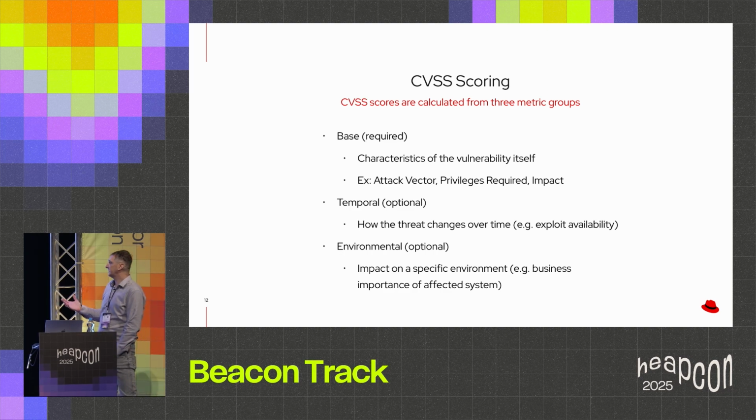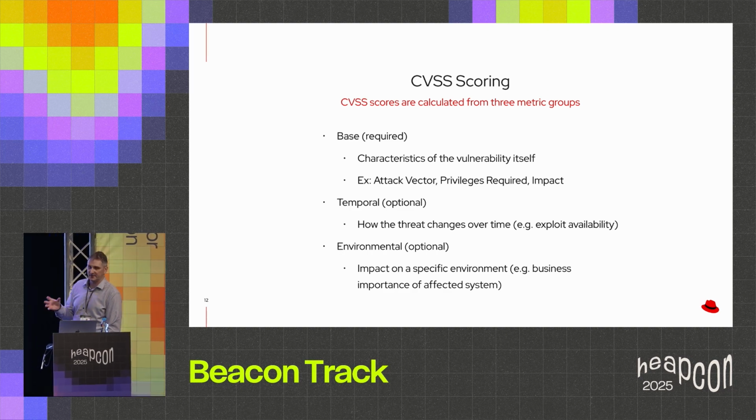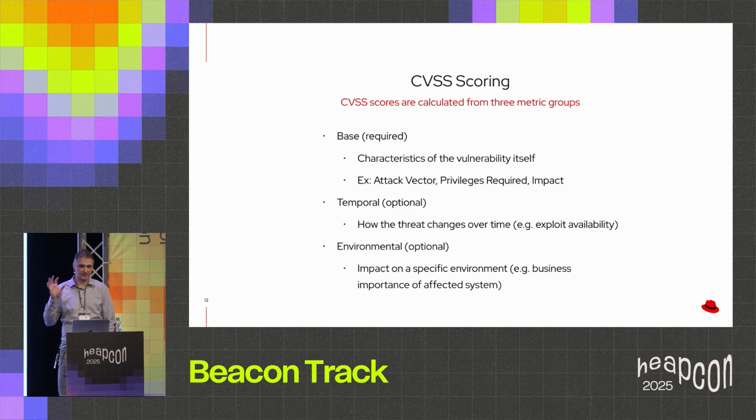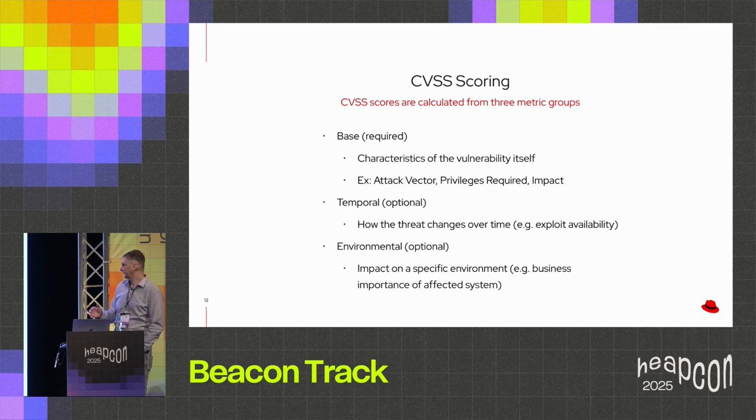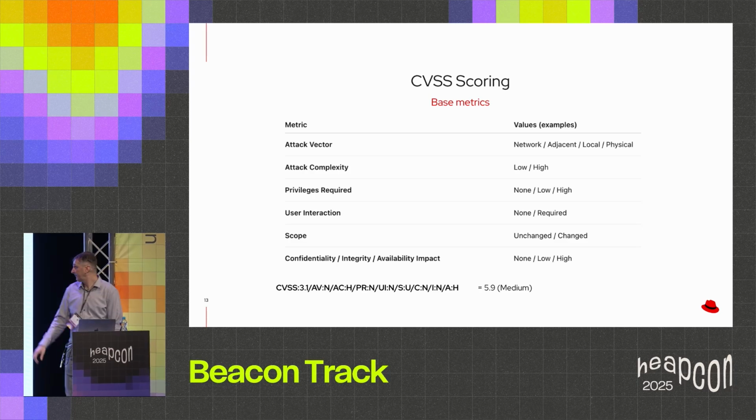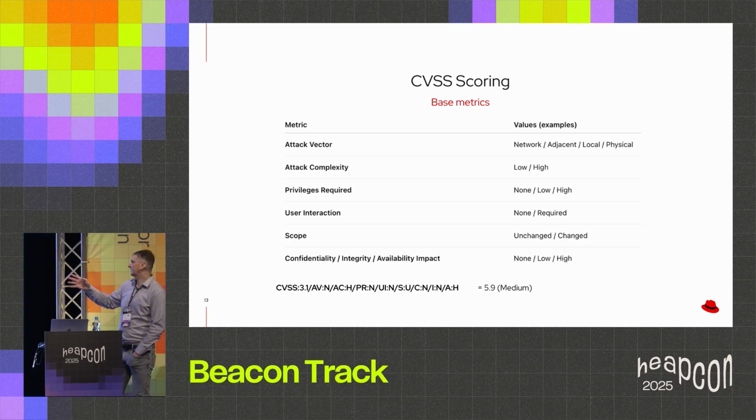The basic idea is to define certain metrics for the vulnerability: the base metrics, the things that are defining it, then some temporal metrics that show us how this vulnerability changes over time, and some environmental metrics that explain how it has impact in specific environments. For example, for the base metrics, you can have something like attack vector.